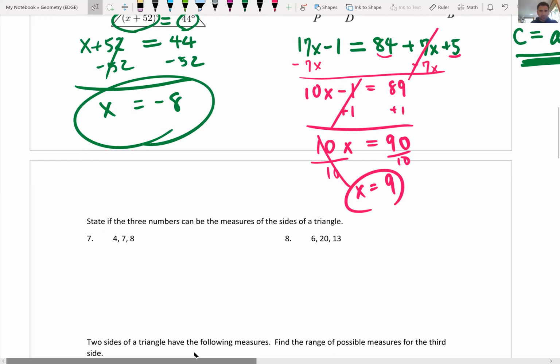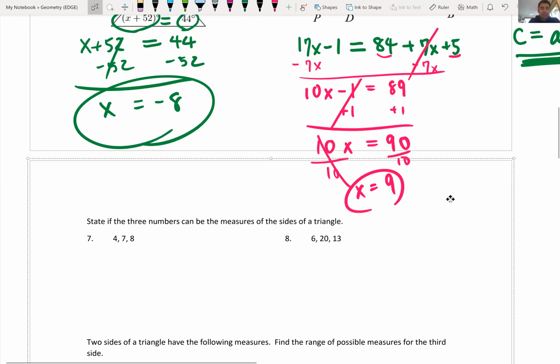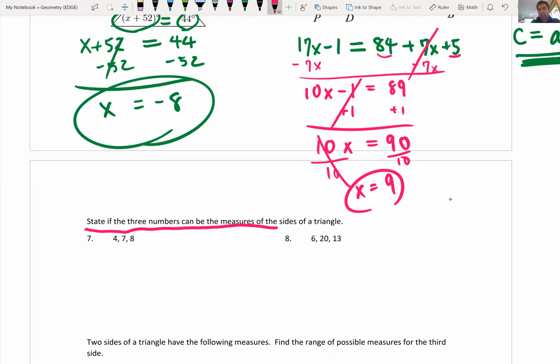Okay, are you guys ready? So number 7 and 8 is asking you, well, let's read the instructions. State if the three numbers can be measures of the sides of a triangle. If you have a 4-inch, 7-inch, 8-inch stick, will you be able to create a triangle with it?